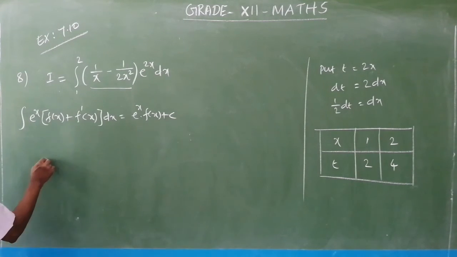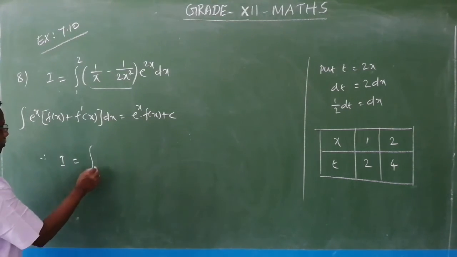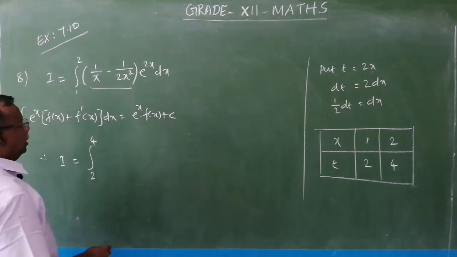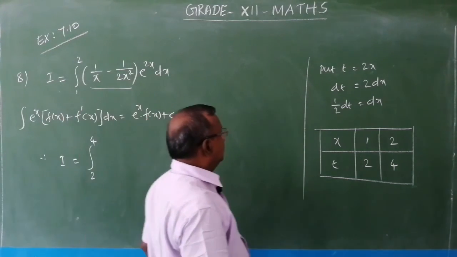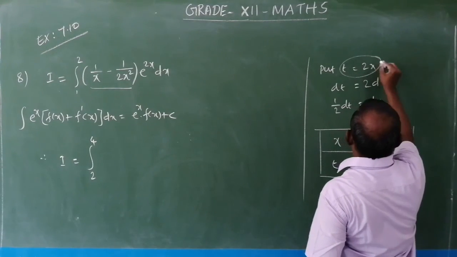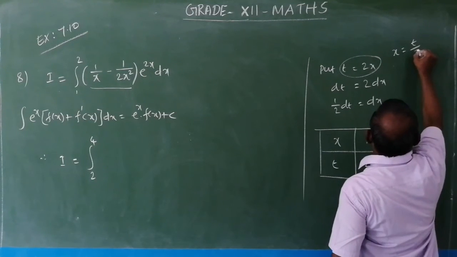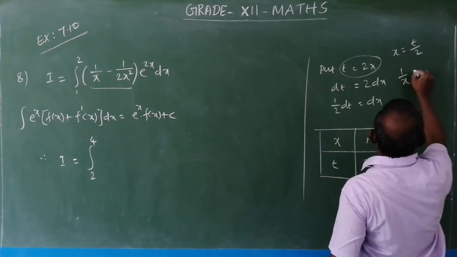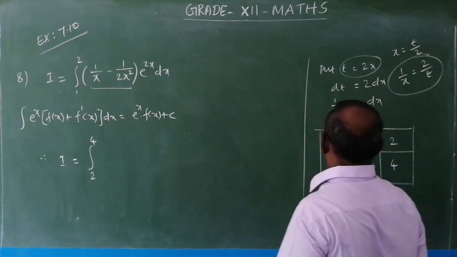Therefore we can write I equal to the integral from 2 to 4. Now t equals 2x means x equals t by 2, and 1 by x equals 2 by t.